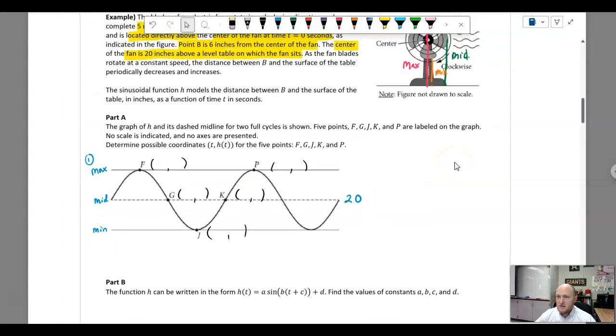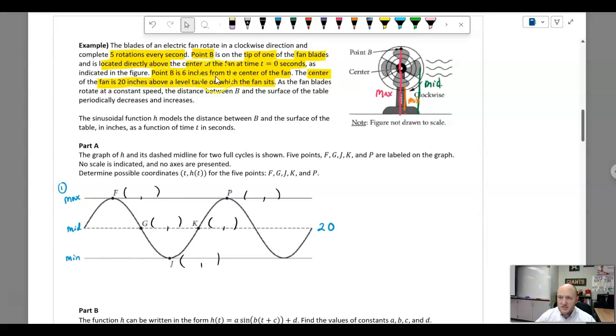And the point B is 6 inches from the center, so when it's at the top, that's 20 plus another 6. The maximum is plus 6 from that 20, and the minimum is minus 6 from that 20. So I go up 6 inches to 26, and down 6 inches to get 14.